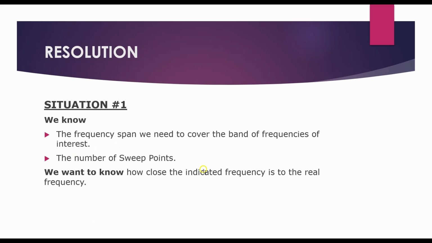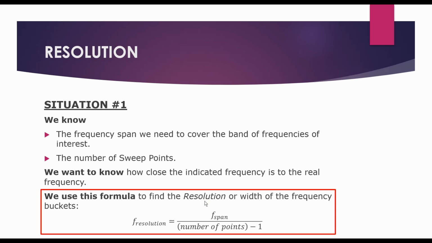And we also know the number of sweep points because it's 112 for standalone mode as we're wandering around out in the field. And so we want to know how close the indicated frequency is to the real frequency. Well, we use this formula. The resolution, or the width of the frequency buckets that the FFT uses, is equal to the span of frequencies divided by the number of points minus 1.